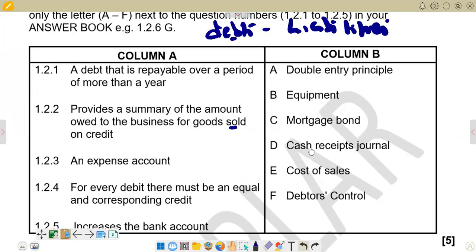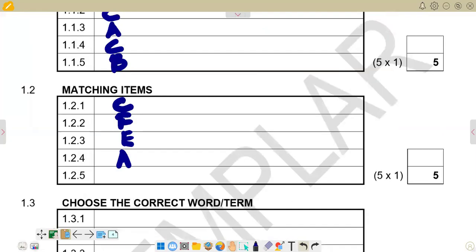Remember, whatever is recorded in the cash receipts journal should appear on the credit side of the bank statement, thereby increasing the bank account balance. So we have got our D representing 1.2.5. So you can just go there and get that. So if you come here, you see that we have got our D.